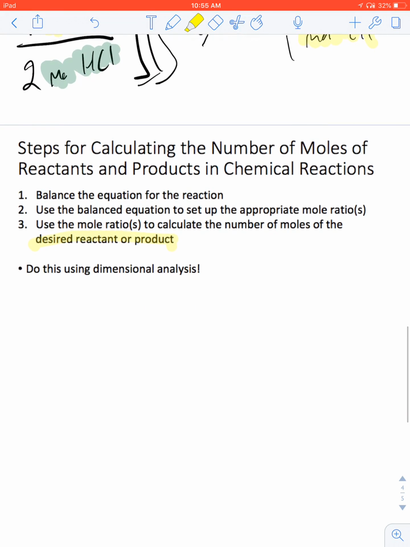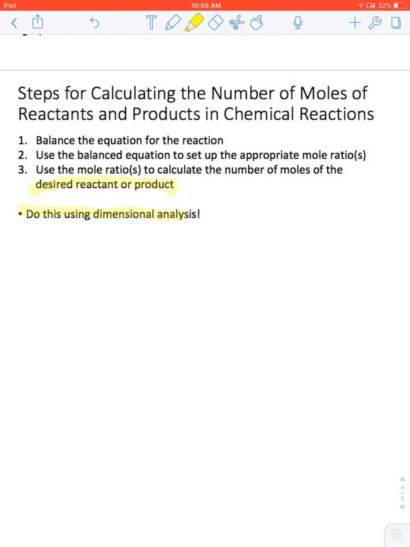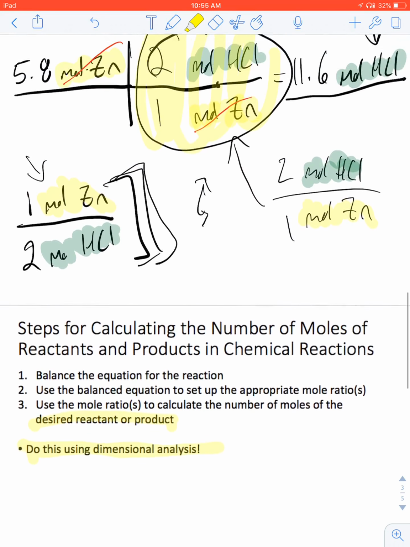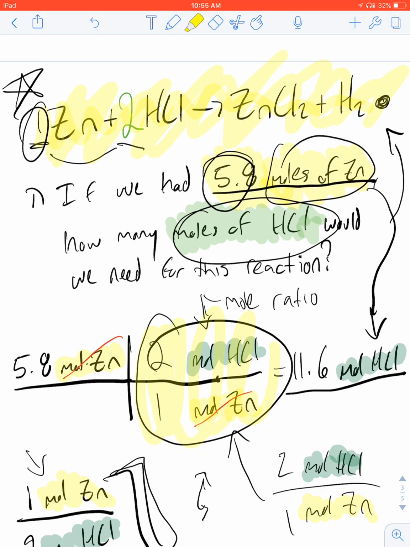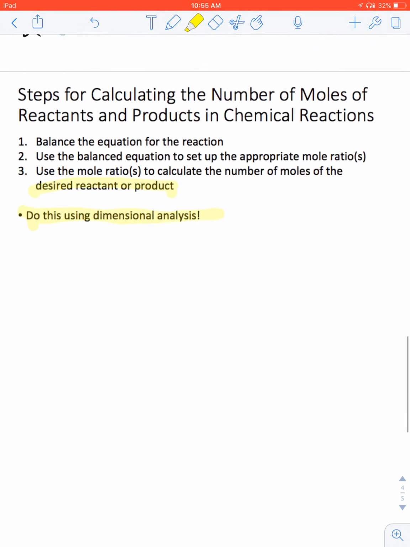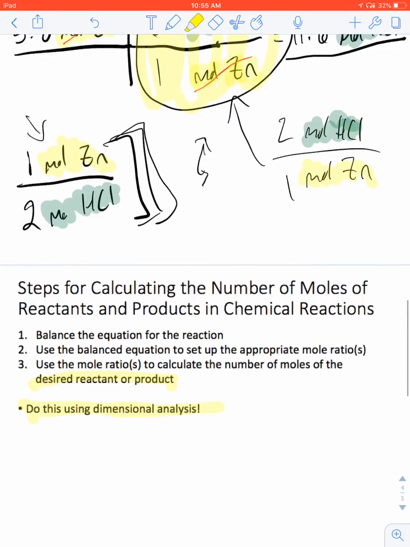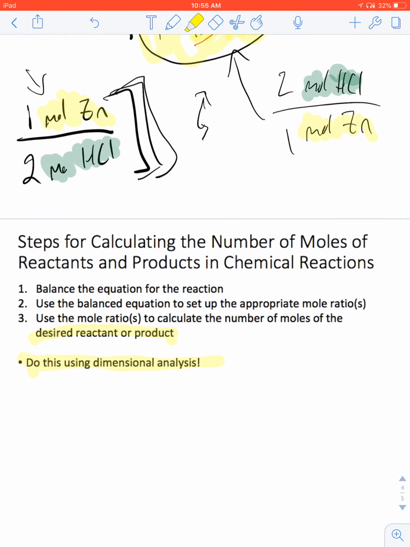Okay, so these are the steps here. And just remember, this is just a dimensional analysis problem applied to chemistry. We've used dimensional analysis before, just not as applied to chemistry as this is. Okay, so let's do a couple more example problems, and then we'll move on to mole-mass relationships.